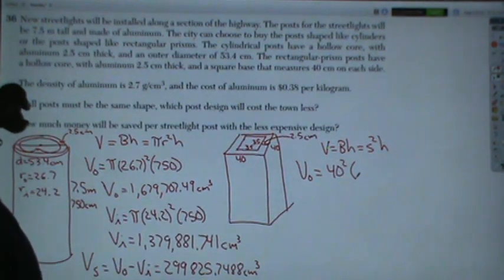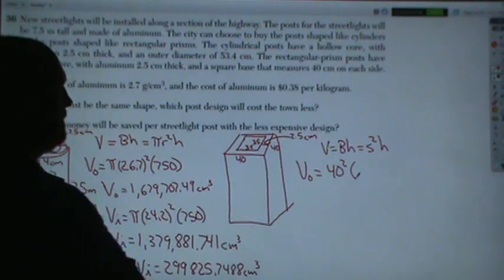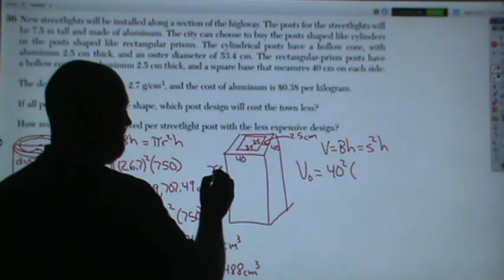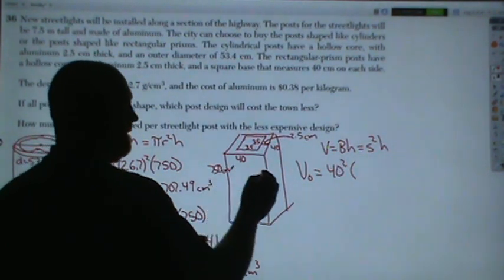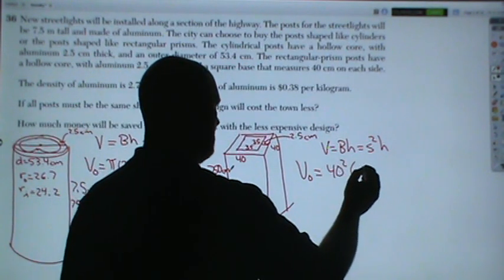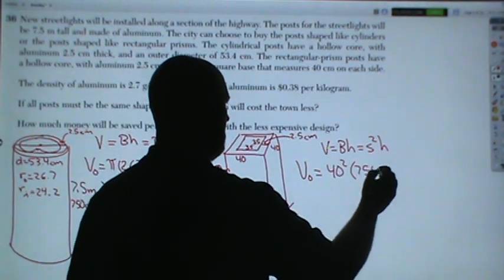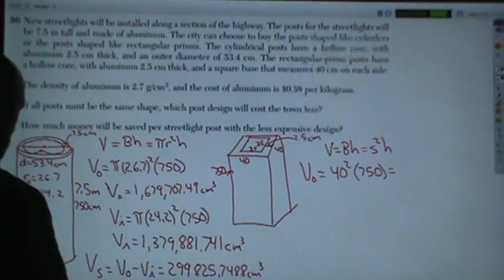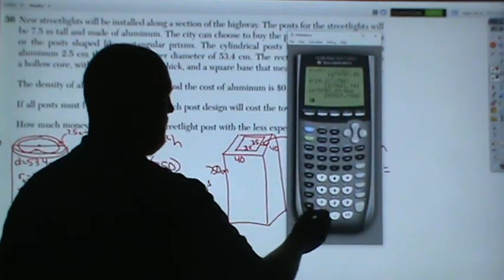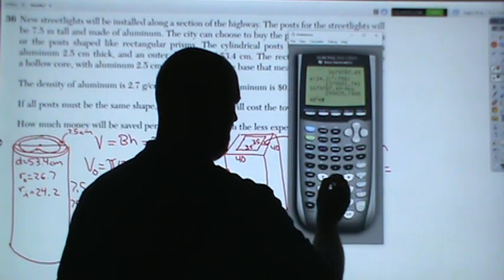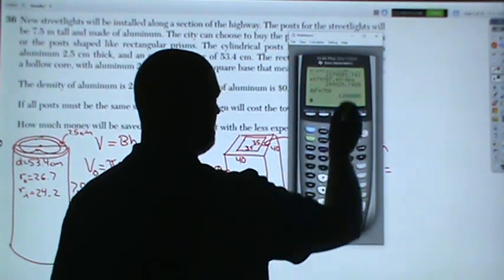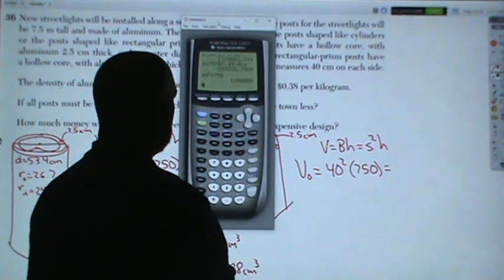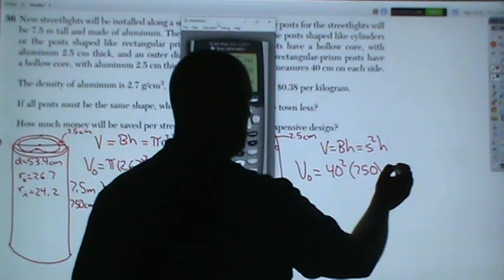It says 7.5 meters tall, so this will be 750 centimeters tall. So I'm going to have 40 squared times 750 for my outer volume. Looks like we're at 1,200,000.